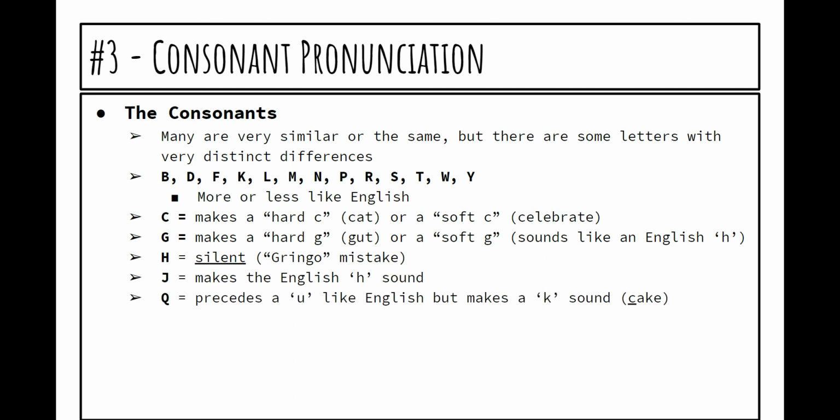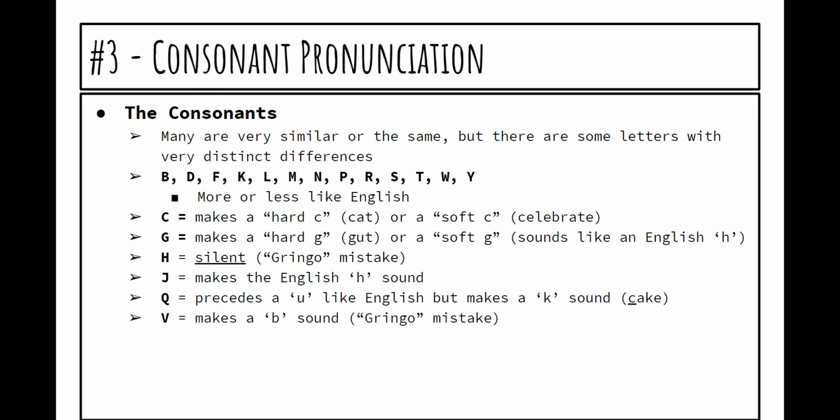The English Q, in Spanish, it also precedes U, but instead of making a qu sound, it's going to make a k sound. So just like a K, like that hard C in cake, it's where you get qué pasa. So this is one case where actually the U becomes silent when it's combined with the Q. You get a k sound.